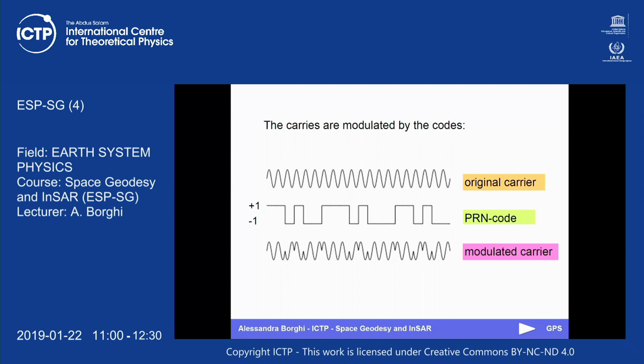Pseudo-random means that it changes only after a long time. If you look at a part of the sequence, it seems like random numbers, but it's just because the period of the signal is very long. You modulate this carrier frequency with this code, and you have the modulated carrier. This is the core of the signal, this modulated carrier.